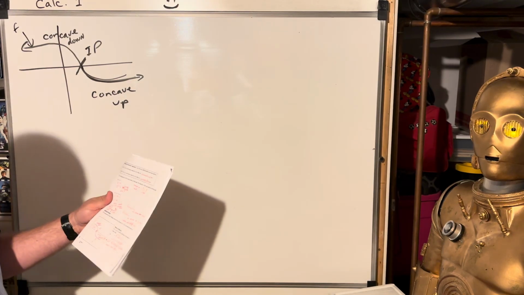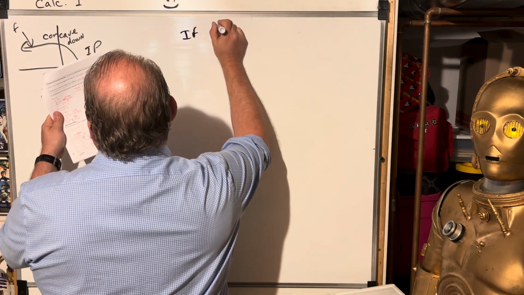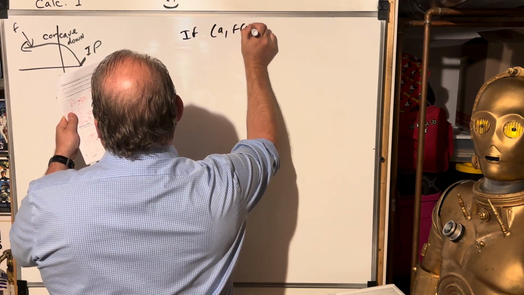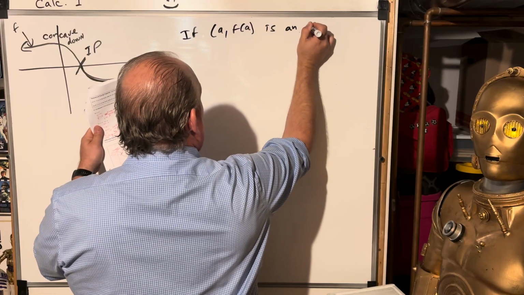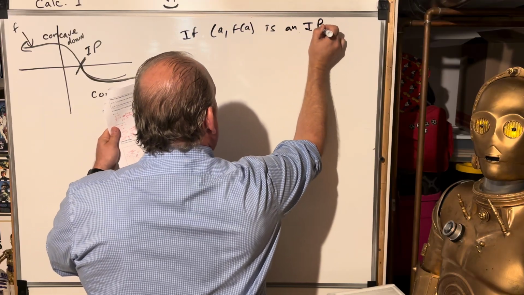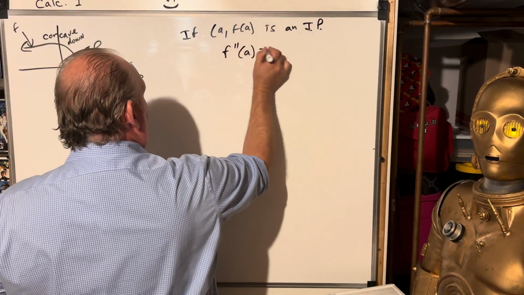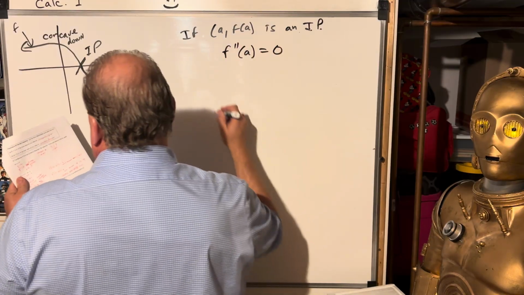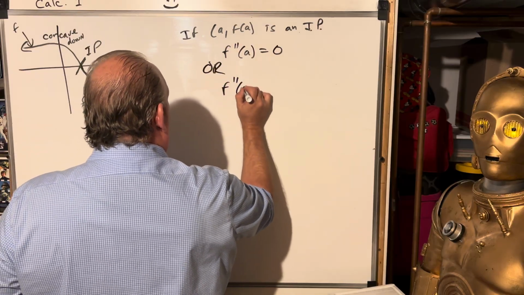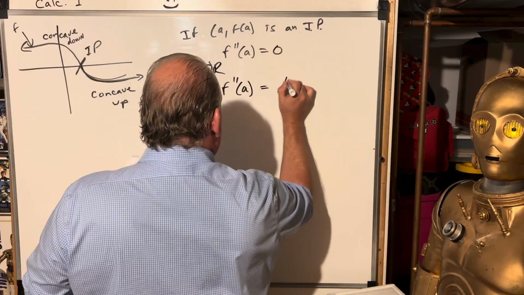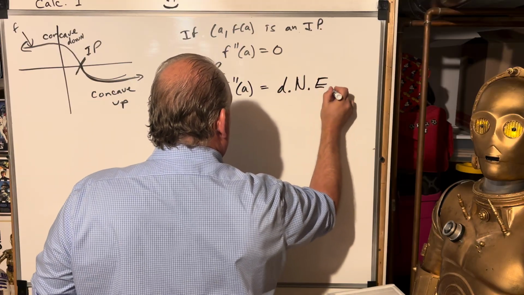So if (a, f(a)) is an inflection point, then f double prime of a is going to equal 0, and/or f double prime of a does not exist.